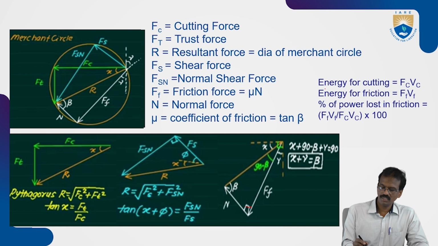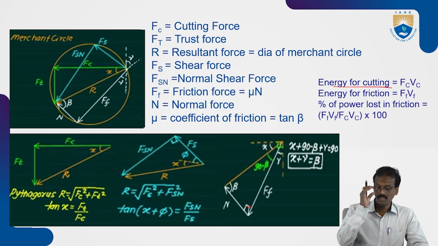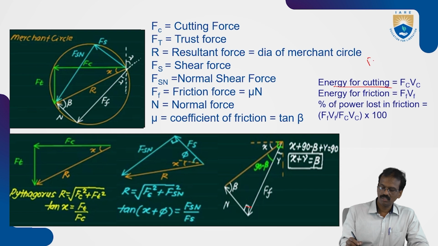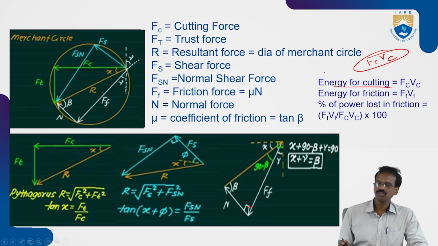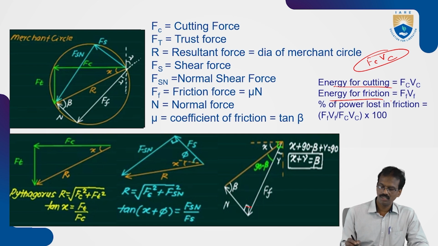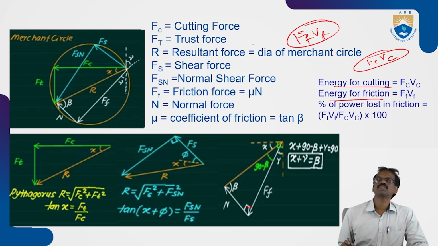Okay, one more thing is the energy for cutting. You know that energy is nothing but force into velocity. So energy of cutting is cutting force into cutting velocity, Vc. So this is the used energy. Next, the energy of the friction, the wastage of energy. So that is the frictional force Ff into the frictional velocity.